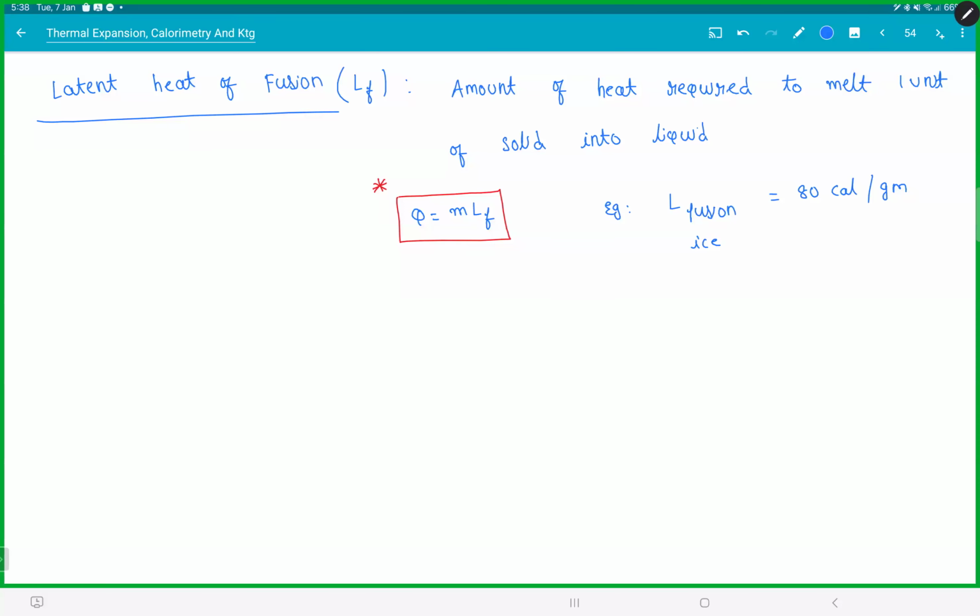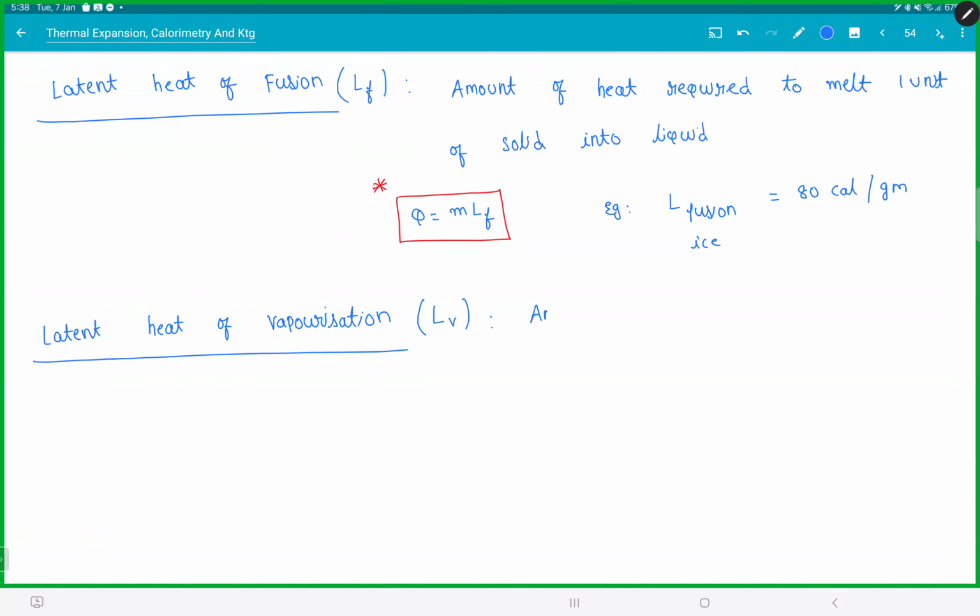So keep that in mind. Latent heat of fusion of ice is 80 calorie per gram. The next one is latent heat of vaporization. We'll call this thing LV.